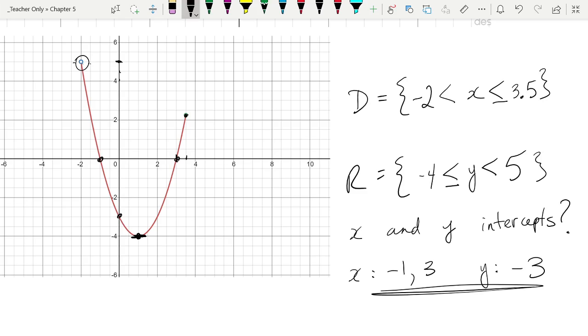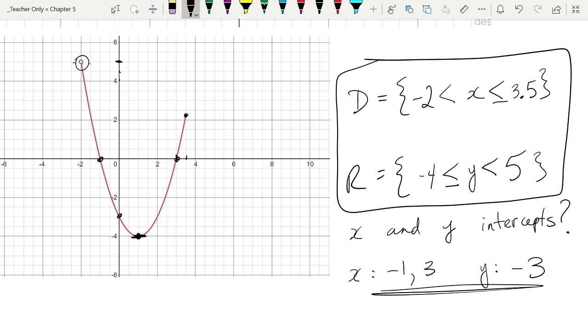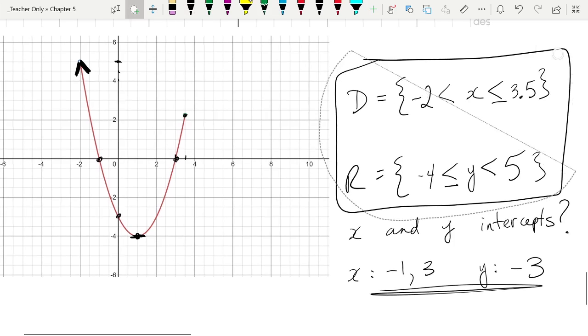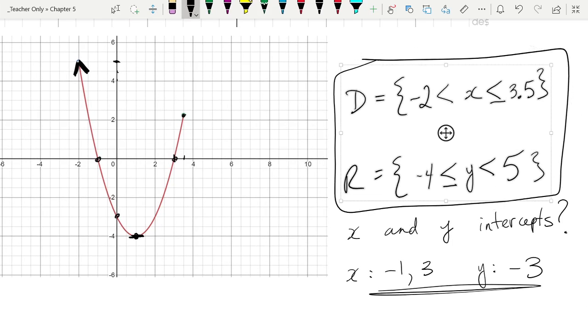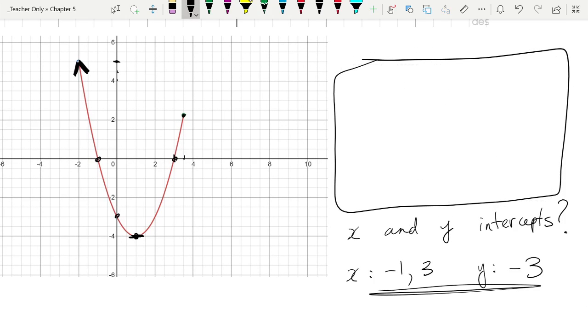And one last thing. Go back to domain and range. What would change if instead of this being an open dot, what if it was an arrow? So let me play with my new toy again. Haha, that's so cool. What's my domain and range now?